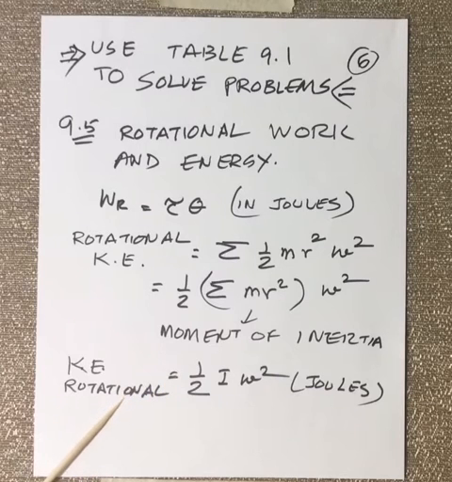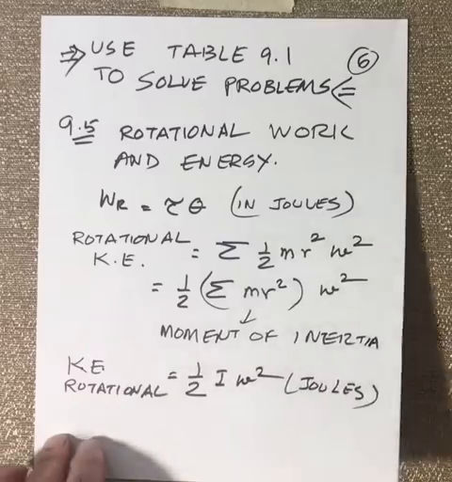And rotational kinetic energy here is where we take into account moment of inertia, so that is half moment of inertia times omega square. All this measurement of work and energy is in joules. Remember that, please.